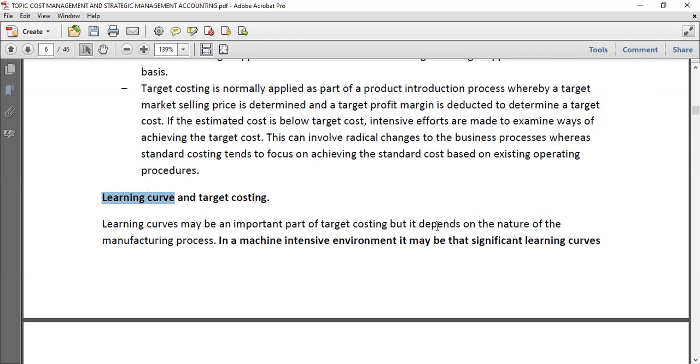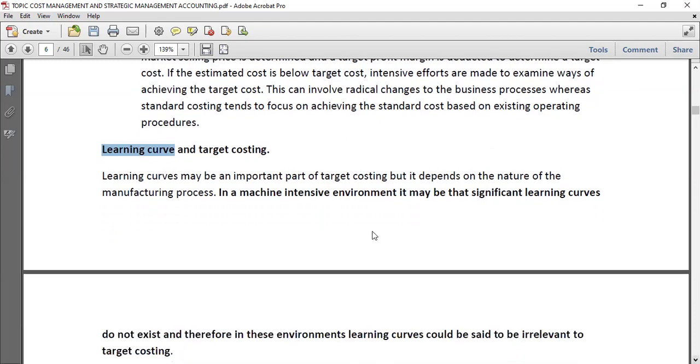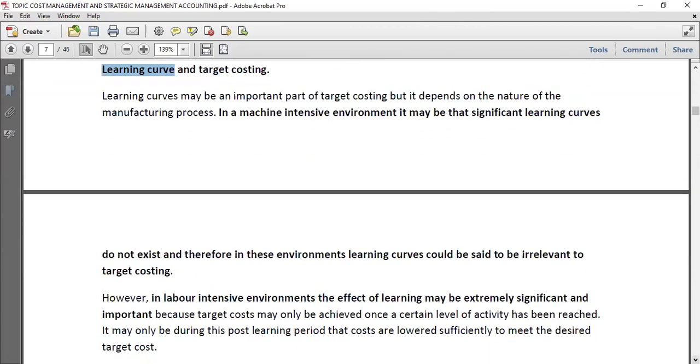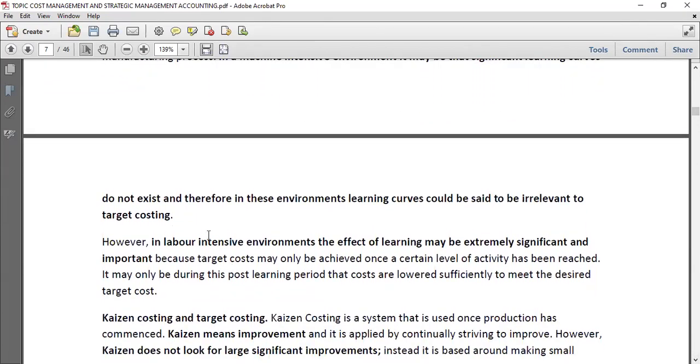So how are these two compared? The learning curve may be a major part of target costing. Remember, the labor cost is part of the target cost. But it depends on the nature of the manufacturing process. If it's machine intensive, then we don't expect a lot of impact, compared to a labor-intensive environment.